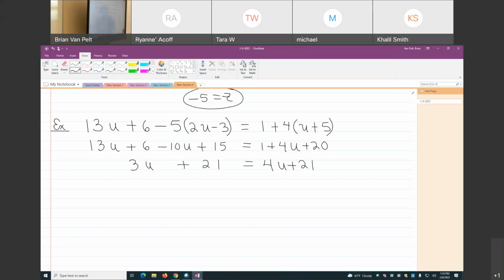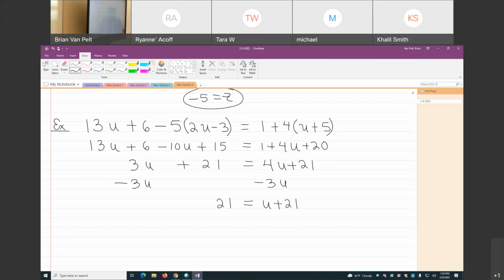I would choose to subtract 3u from both sides because that would give me a single solitary u over here. You could subtract 4u from both sides and you'll still get there. Just not as quickly as I do. Okay, almost done.